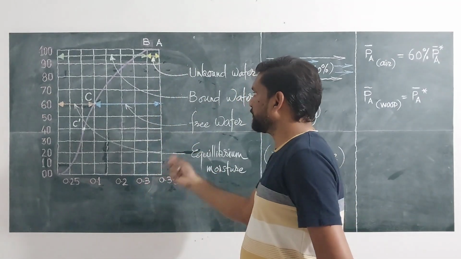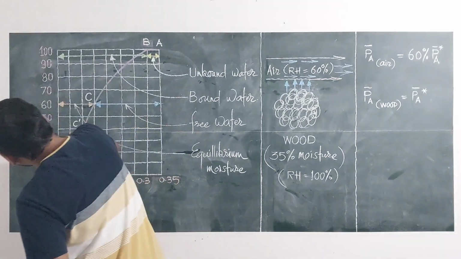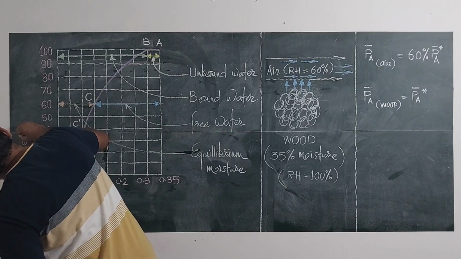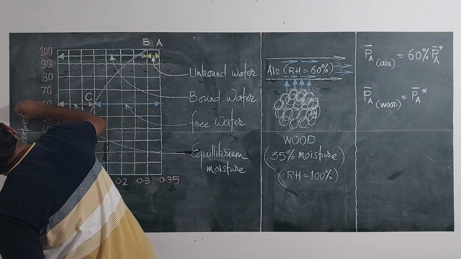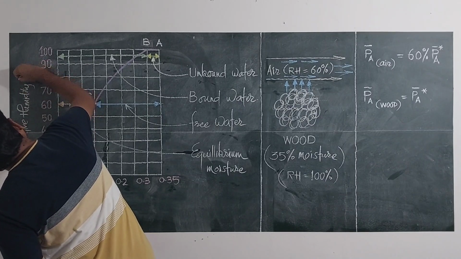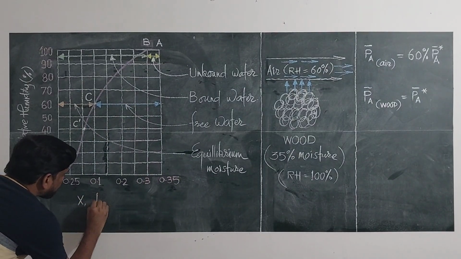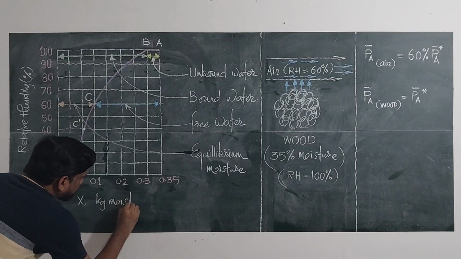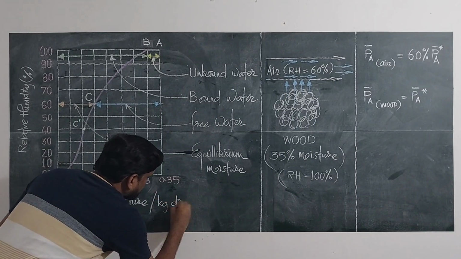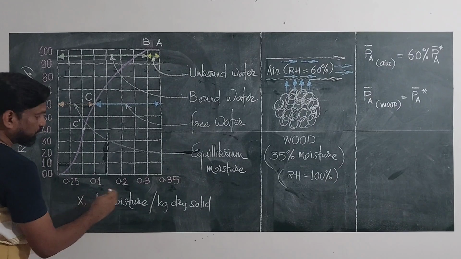How is it related to this graph? Let me tell you, this graph is relative humidity versus X, that is kg moisture per kg of dry solid.